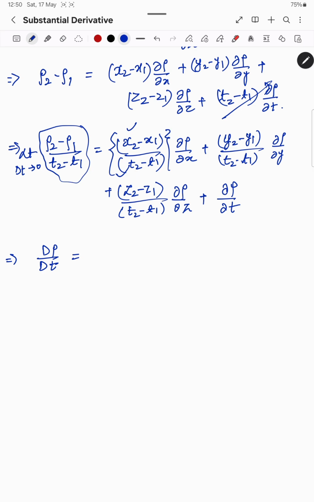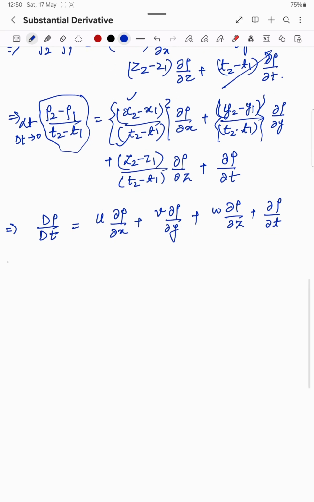Okay, so this is velocity, so this is the x component of velocity, so we can write u d rho by dx. Similarly, this is the y component of velocity, we write v d rho by dy. Similarly, the z component, w d rho by dz, then d rho by dt. Okay, so this is what we have got.